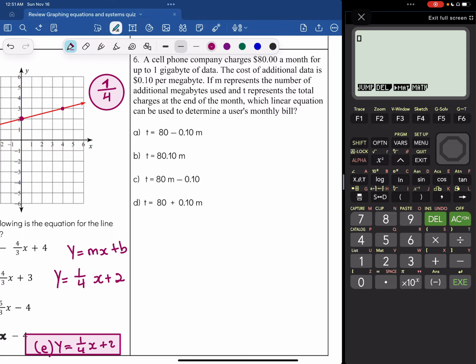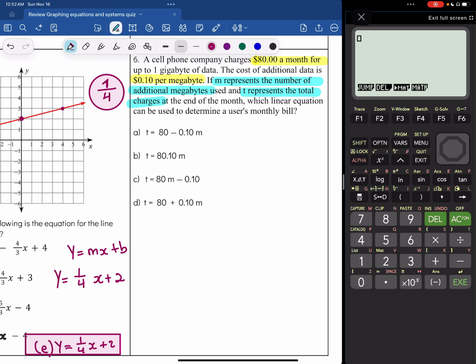All right, so this cell phone company is charging $80 a month, and then it's charging 10 cents per megabyte. And then M is representing the number of additional megabytes, and T represents the total charges.